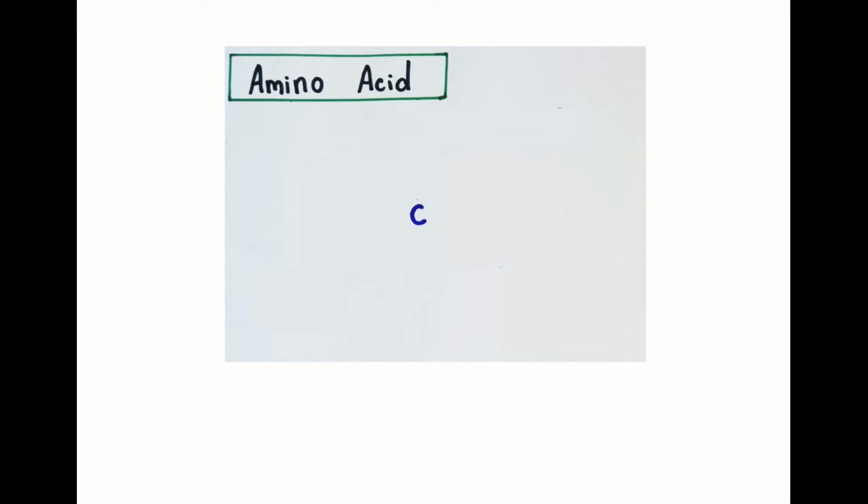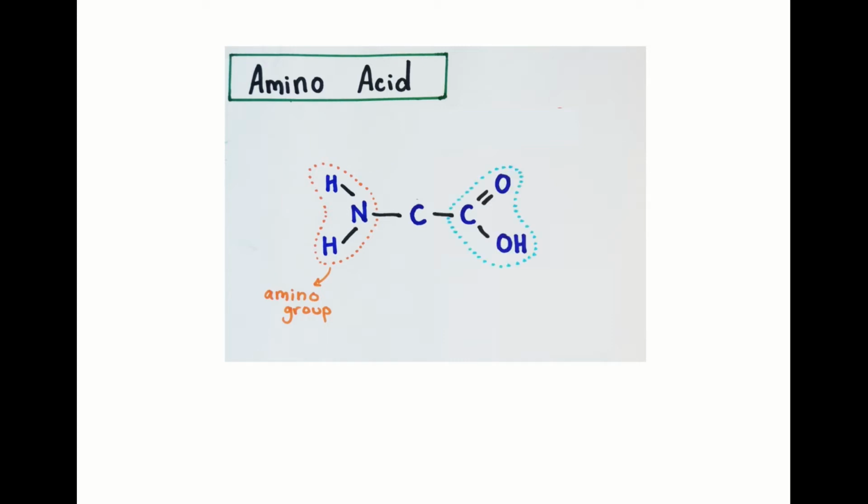Proteins are long chains of amino acids. An amino acid has this structure: a carbon in the middle with an amino group containing nitrogen on one side and a carboxylic acid on the other. There's one H group on the bottom, and then there are 20 different amino acids that exist, and that's because each one has a different R group at the top.